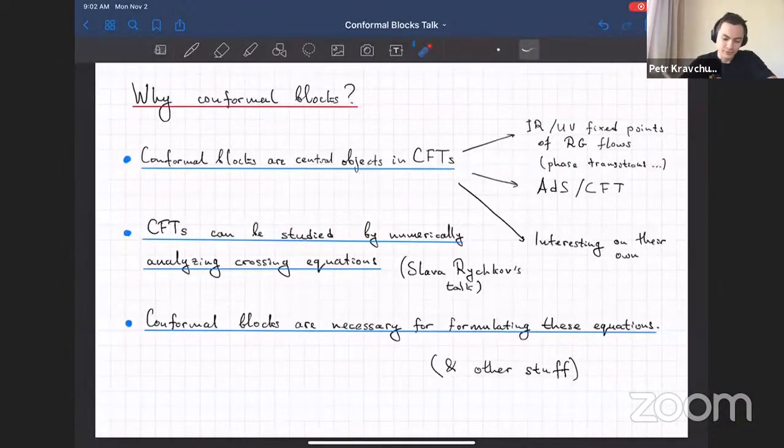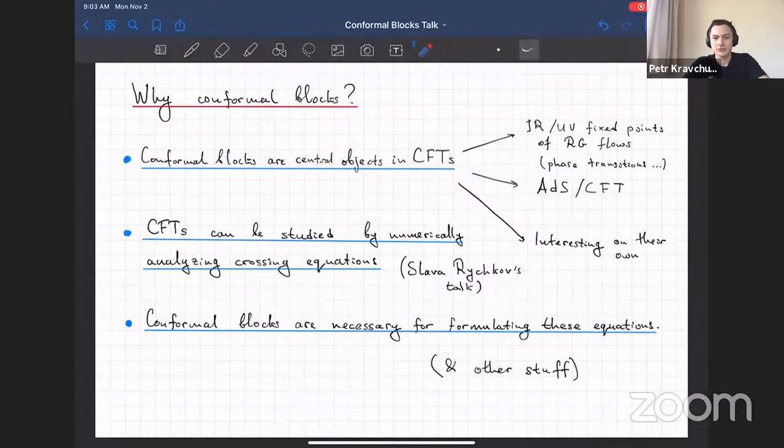So let me start with some motivation, and I cannot really do justice to motivating why study conformal blocks in one slide, but I'll just say a couple of words. Conformal blocks are very important objects in conformal field theory, and there are many reasons to care about conformal field theories. The most popular reasons, as far as I know, are the fact that conformal field theories describe fixed points of RG flows.